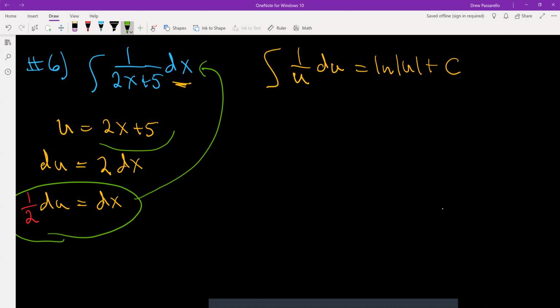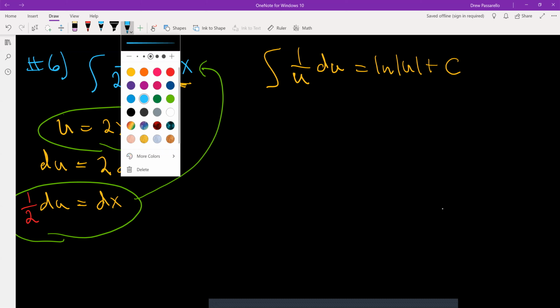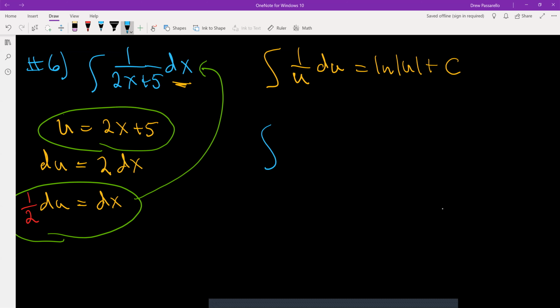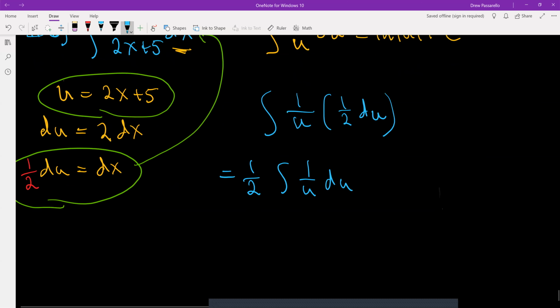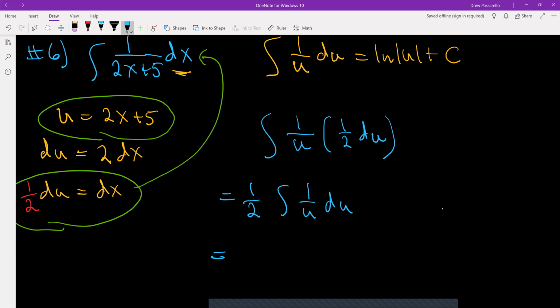And then substituting u in for the 2x plus 5. So that's going to be 1 over u, and then dx is 1/2 du. All right, so that's the substitution. I'll factor out the 1/2. So I just have it as 1 over u du, and then I just use my rule. That turns into the natural log of u, but I'll just have 1/2 in front.